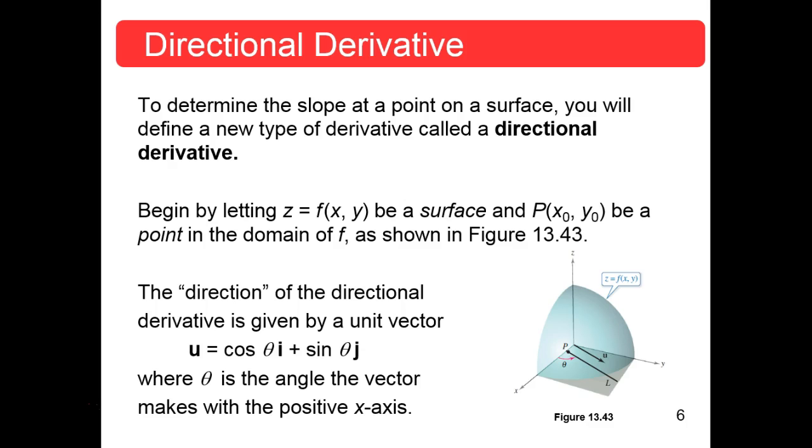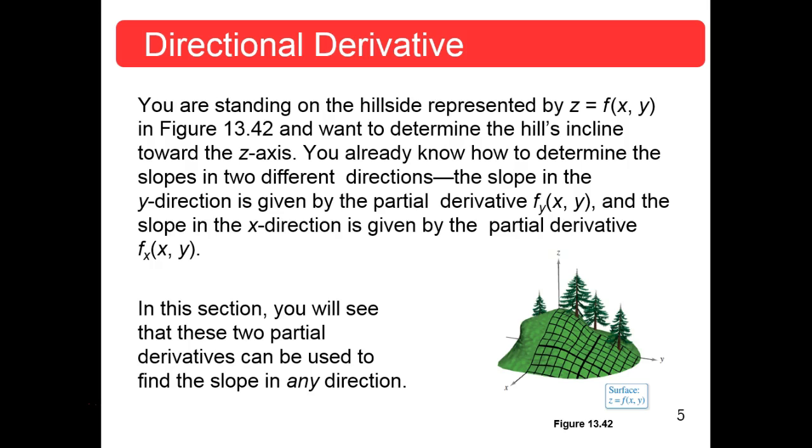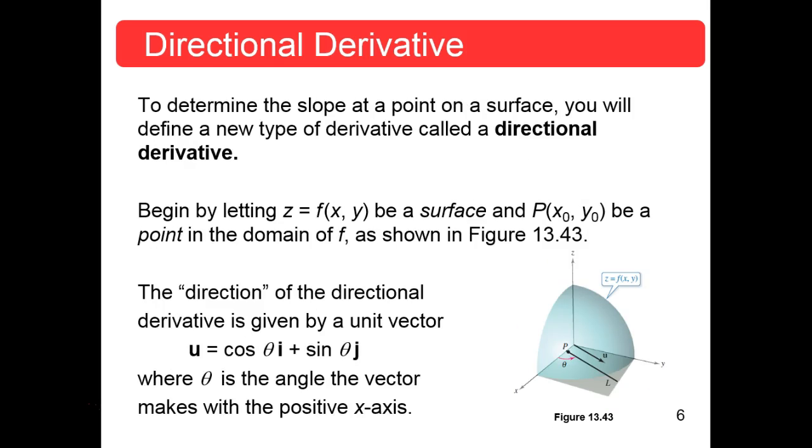Okay, so to find the slope, we were talking about it before, the direction of the directional derivative is given by a unit vector. I guess we did this. Maybe not. Okay, let's start back over here. To determine the slope at a point on a surface, you define a new type of derivative called a directional derivative. Not just with respect to one axis or the other, those are directional derivatives in a sense, but this is a derivative that's not dependent on an axis.